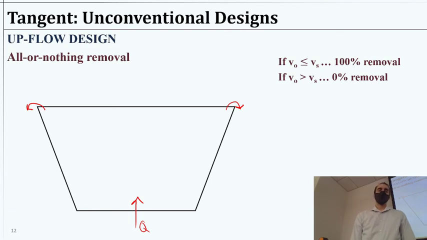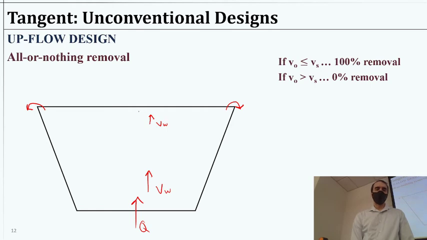Okay, so it's kind of a strange design here, and they're typically trapezoidal like this, so that as the water is heading upwards, there's actually more space for it to occupy, and in some sense, you're increasing the area of the basin in that manner. And so the velocity of the water going upward will slow down as it's going.